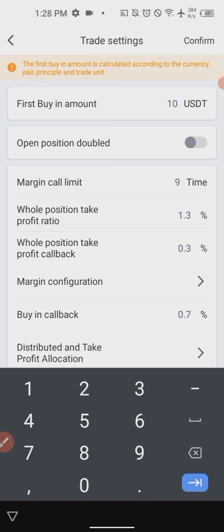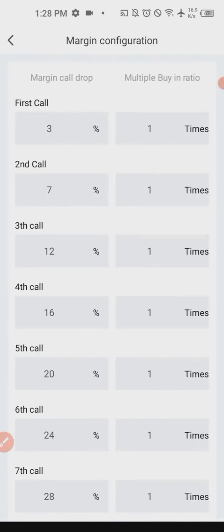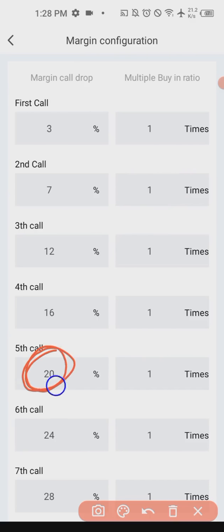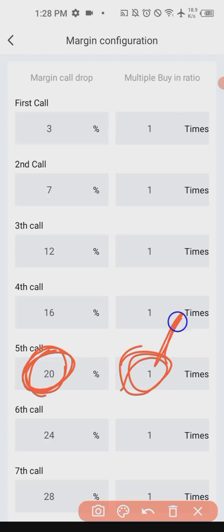Now the beautiful thing with this bot is this. Let us look at our margin configuration. This is what makes the bot better than a regular trader. If the bot, for example, buys a value at this fifth margin call, and this particular value which it bought here makes a 1.3 profit, it sells only this one. Do you understand? It sells only this one.